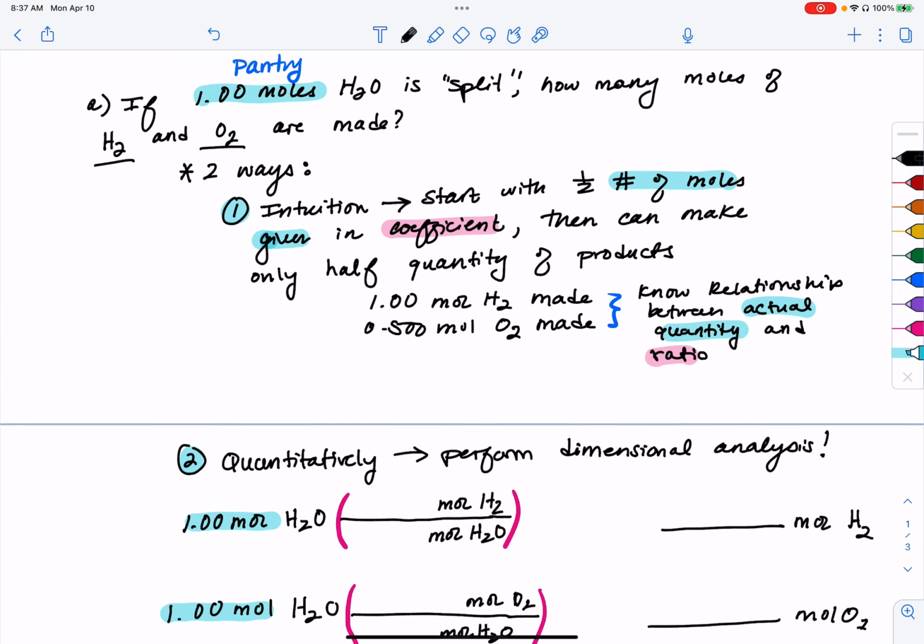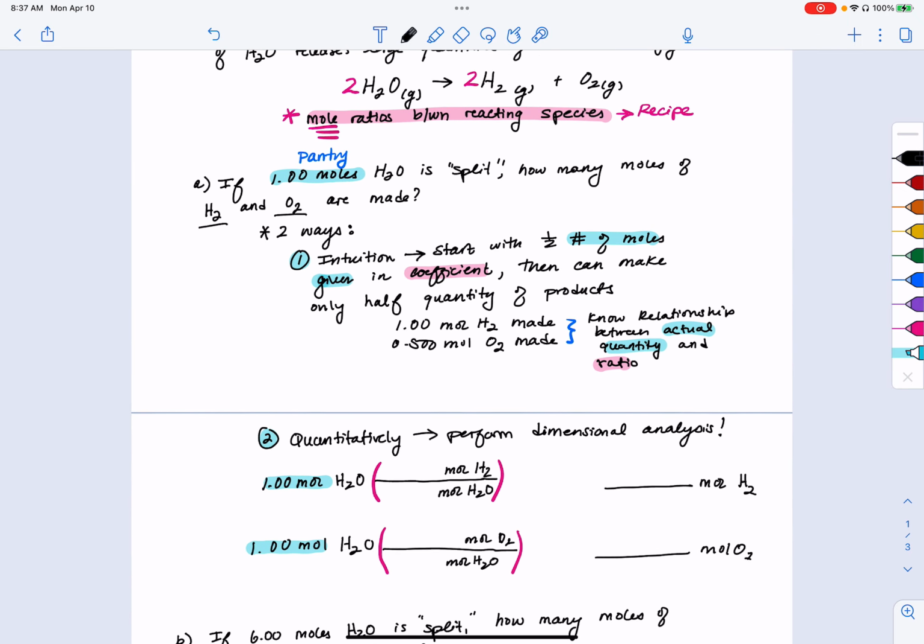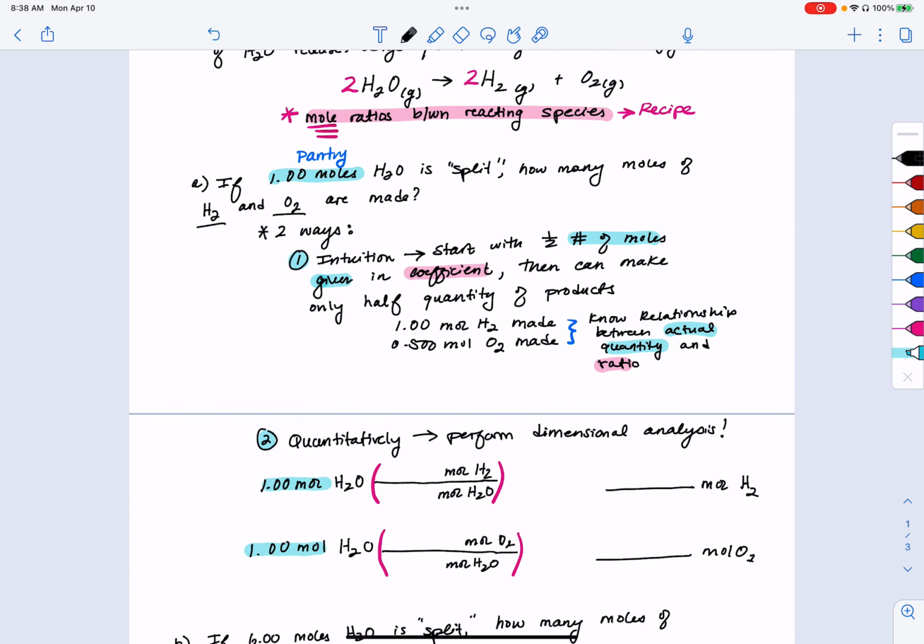Okay, so again, we need to look at our ratio, our recipe. So our recipe says that for every 2 moles of water decomposed, so I'm going to put 2 moles of water in the denominator, I generate 2 moles of hydrogen gas.